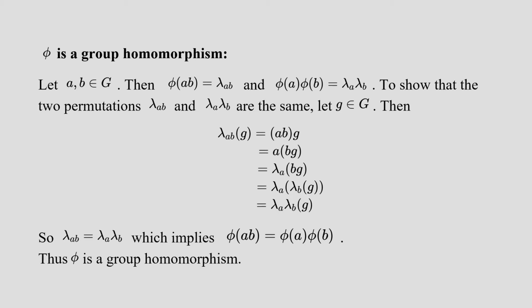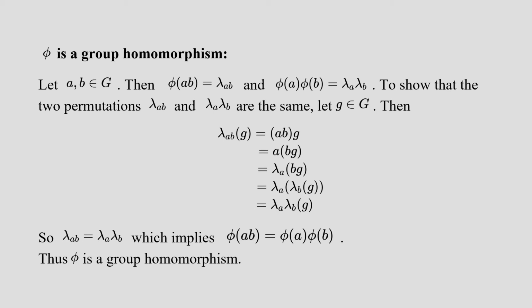To show that these two permutations, lambda sub ab and lambda sub a times lambda sub b, are the same, we let g be an element in the group G. From the definition of the left regular representation, we know that lambda sub ab of g is equal to ab times g, which is also the same as a times bg.